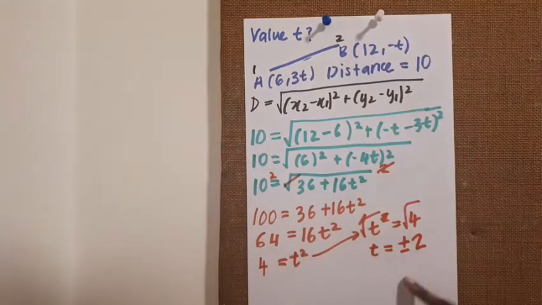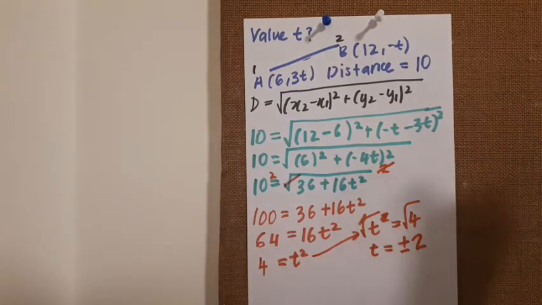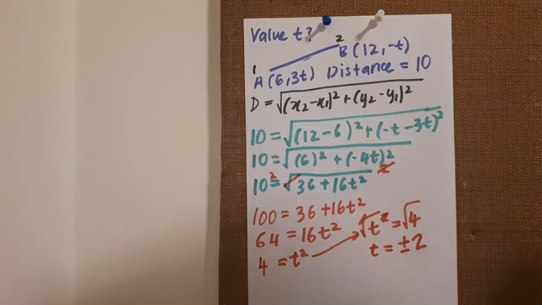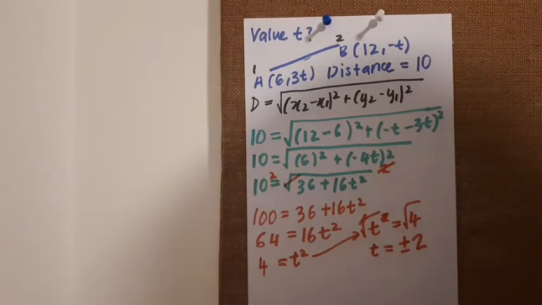Always remember, the square root of any value gives a positive and negative answer. It's not always positive, and it's not always negative. If you don't know why, you have to go back to my previous videos, especially chapter 4, if I'm not mistaken, where I talked about the importance of positive and negative.